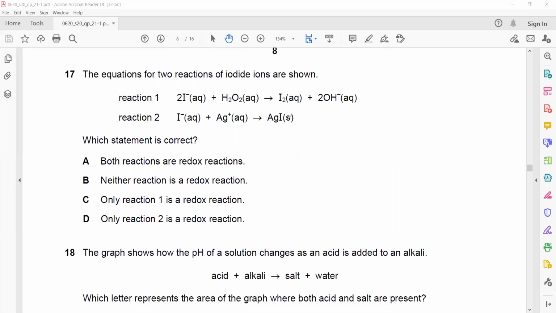But when they form a compound, the oxidation number is the same as the valency or the charge. So -1 remains -1 and +1 remains +1. So this is not a redox reaction. But in this one -1 becomes 0, as an element is formed, so that's why it is a redox reaction. Because if one is oxidized, the other one should be reduced.